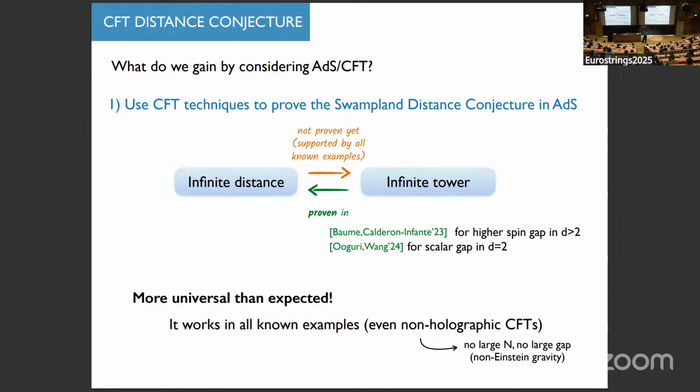So even if this distance conjecture started as a constraint for Einstein gravity theories that we observe in string compactifications, it seems to work even if the gravitational dual is non-Einstein. So it really suggests that it's some universal feature of quantum gravity in AdS. But okay, we'll see. We still have to prove this part.